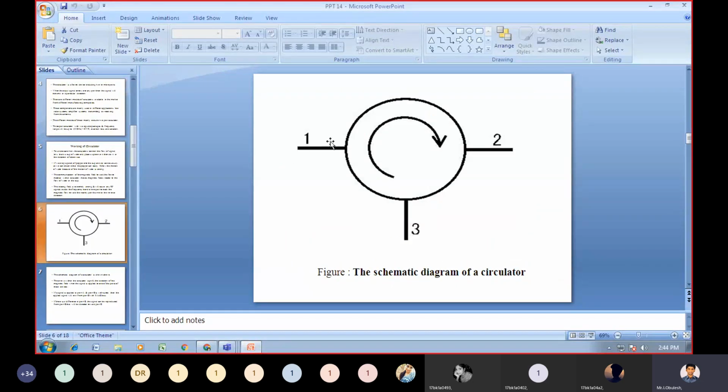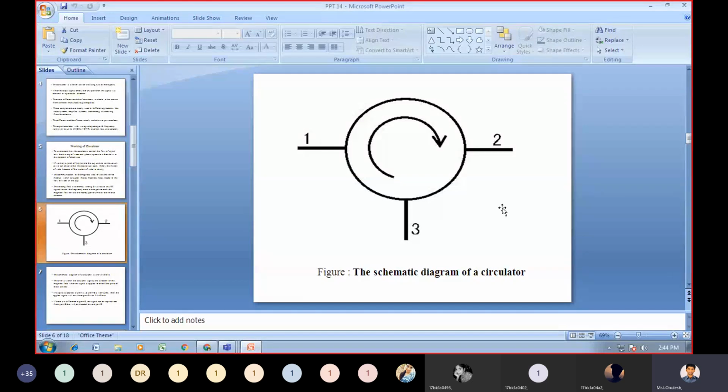If you are applying the signal only through port 1, it comes out from port 2. And if a signal is applied to port 2, what will happen? The output comes only from port 3. And a signal applied through port 3 comes out from port 1.